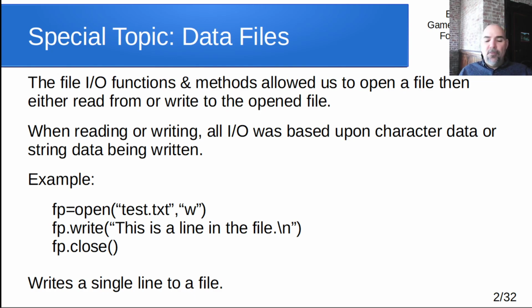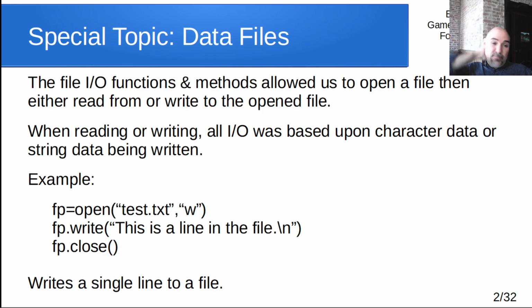And all of the I/O was based on character data or string data being pushed out to that file or pulled in from that file, because that's essentially what files are. Files are a sequence of byte values that we can either open and then read through, or open and then add to and write to.